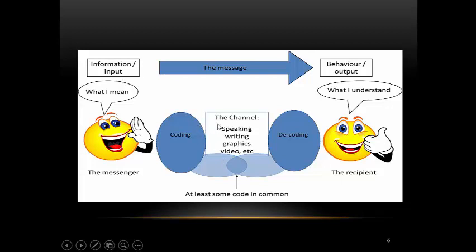Now, by means of speaking, for example, speaking is the medium or channel he chose, this messenger will transfer the message by means of speaking towards the recipient. For the recipient to understand it, the dialect or language they use must be common. So that is the common scenario on how people communicate.